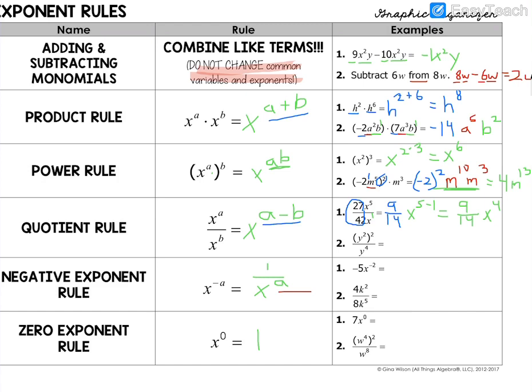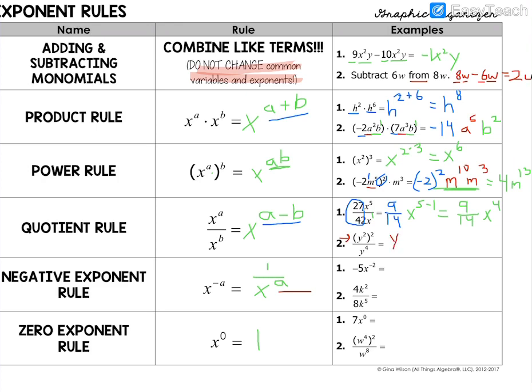All right, in our next example, we have a power rule up here on top. It's normally easier if we simplify the numerator or the denominator first before we start using our product or quotient rules. So if we have y squared squared, remember our power rule states that we multiply our exponents.